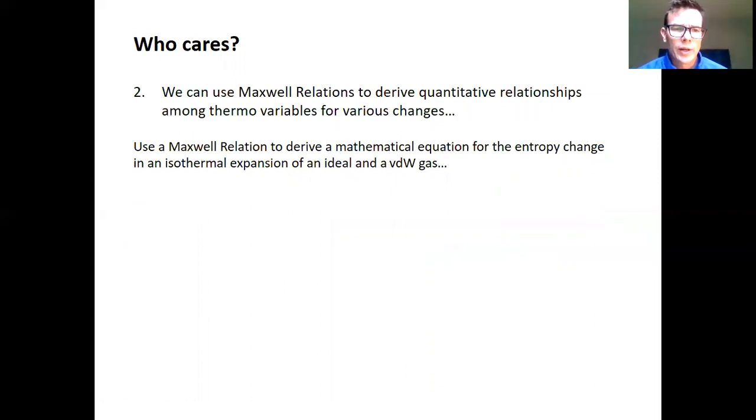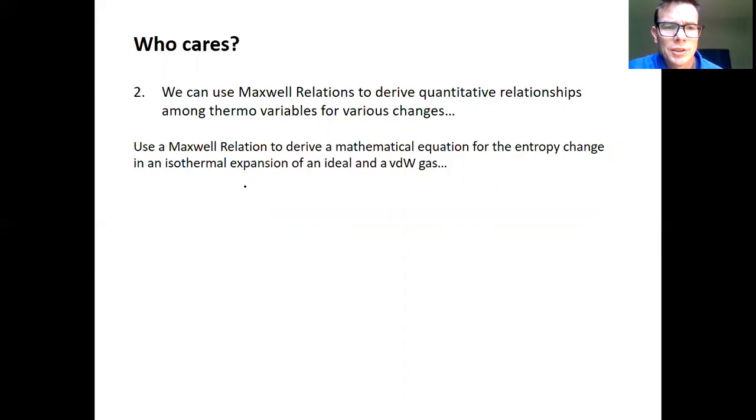And here's a quick example. Use a Maxwell relation to derive an equation for the entropy change of an isothermal expansion of a van der Waals gas. Here's how you might think about this.